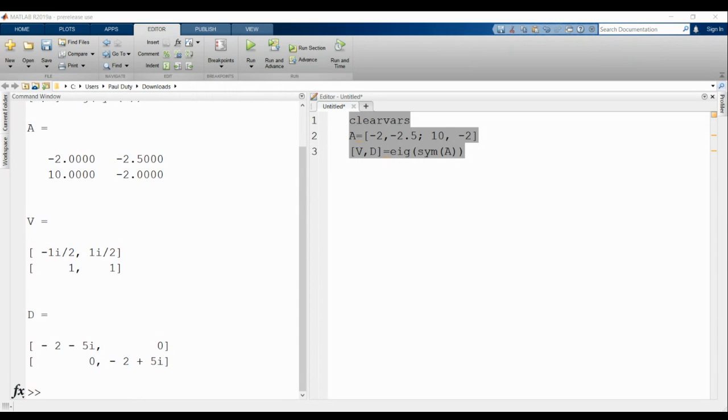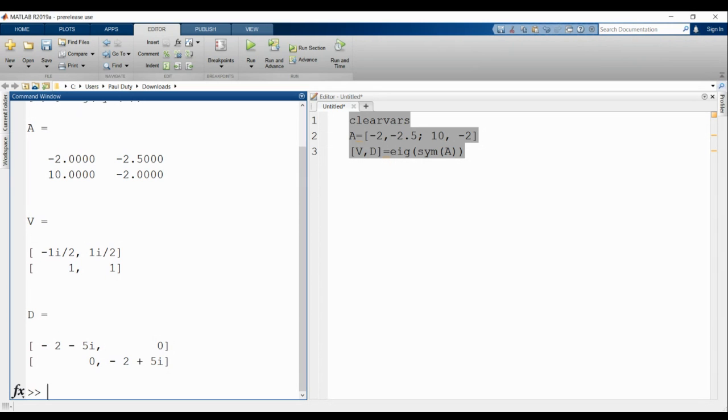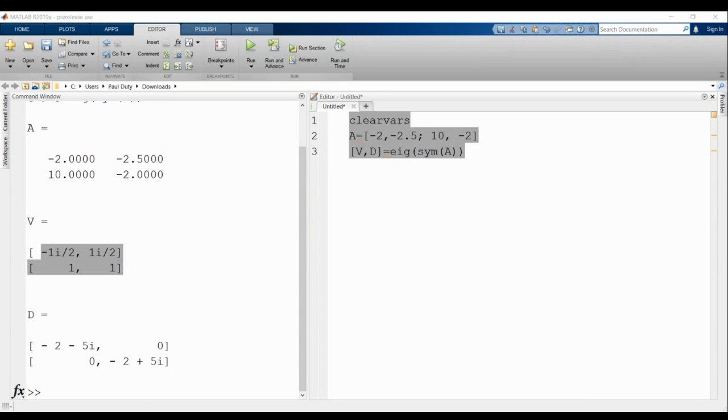And then the corresponding eigenvectors are -i/2 and 1, and i/2 and 1, as components. Now, of course, I don't like fractions. If I can help it, I try to avoid fractions. So for those two eigenvectors, instead of -1/2 i and 1, I'll multiply by 2 and use -i and 2.